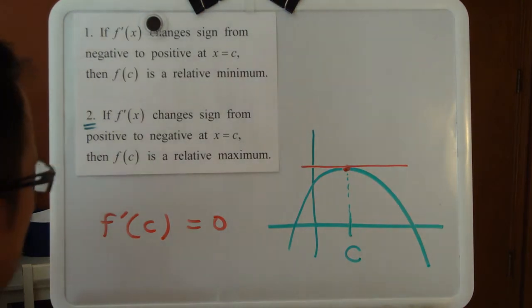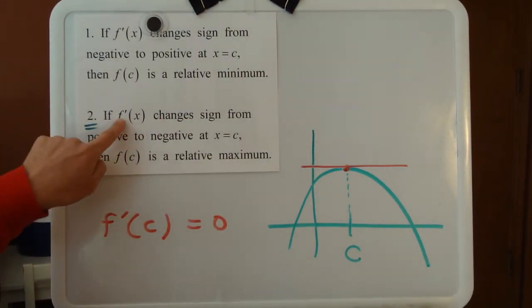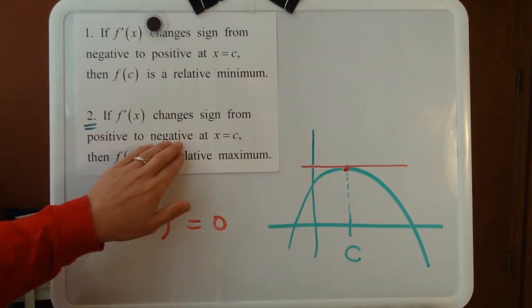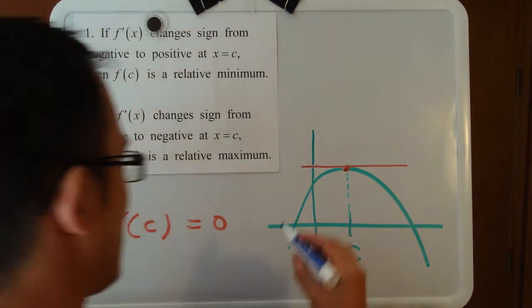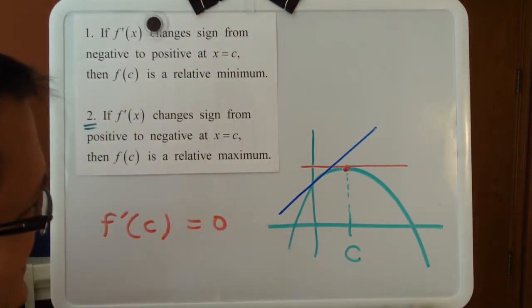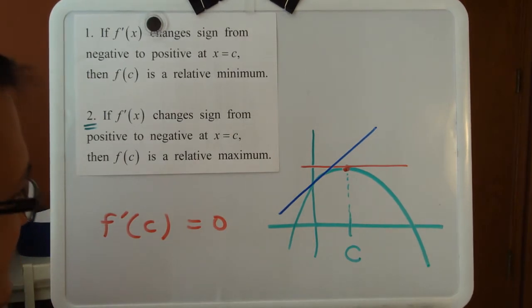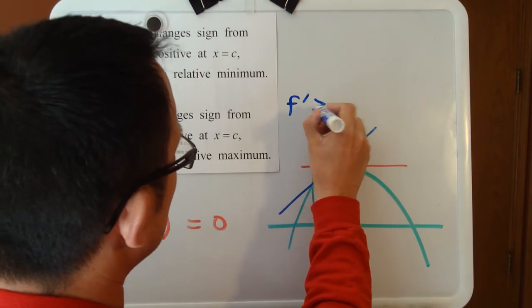The key in understanding this is noticing the way the sign is going to change. It says the derivative changes sign from positive to negative. If you look to the left of the critical number and you draw a tangent line, right about like this, you can see that the tangent line here has a positive slope. So f prime is greater than 0.